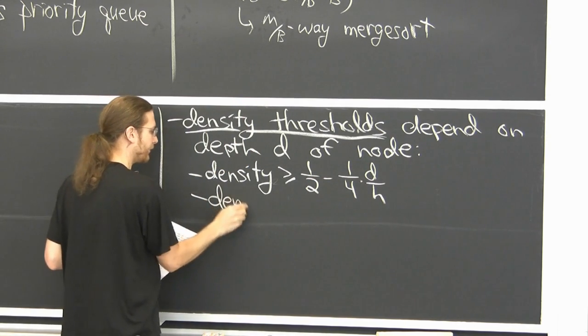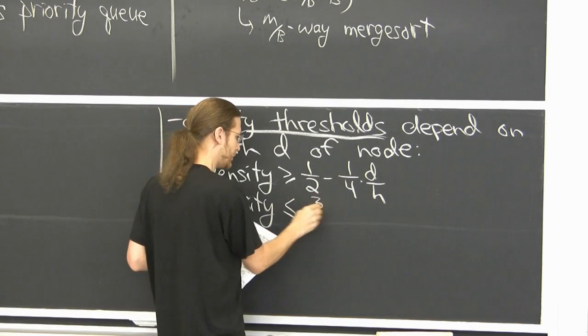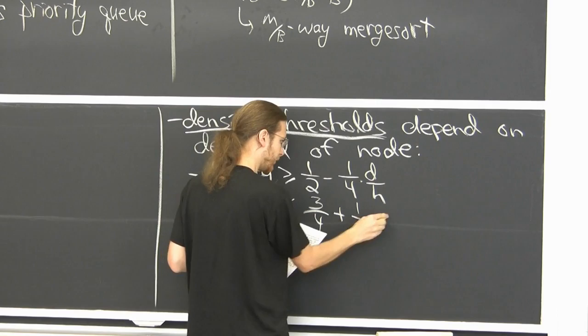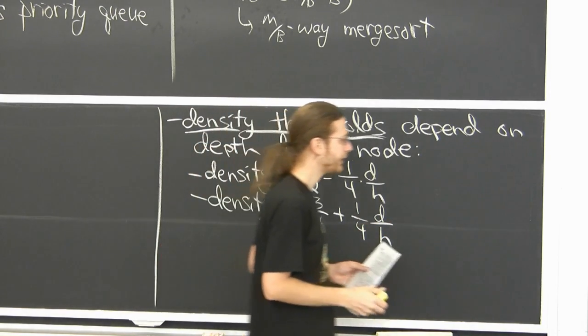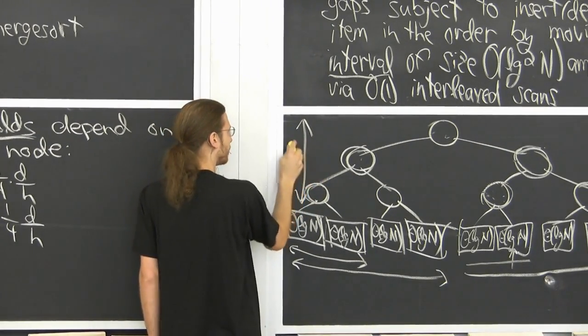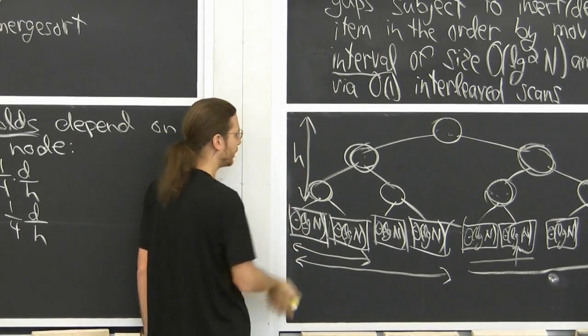And we want the density to be at most 3/4 plus 1/4 d over h. So h here is the height of this tree, which is going to be something like log n minus log log n, but it doesn't really matter.